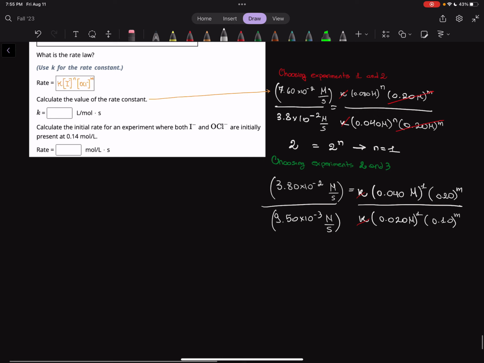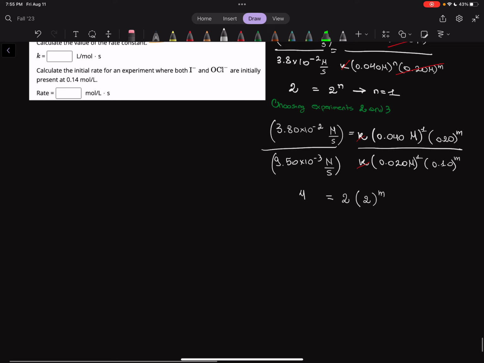So here I'm going to write 4 is equal to, let's see, this I know is 2, and then times 2 to the m. Now if I divide both sides by 2, I get 2 is equal to 2 to the m, which means that m is equal to 1.